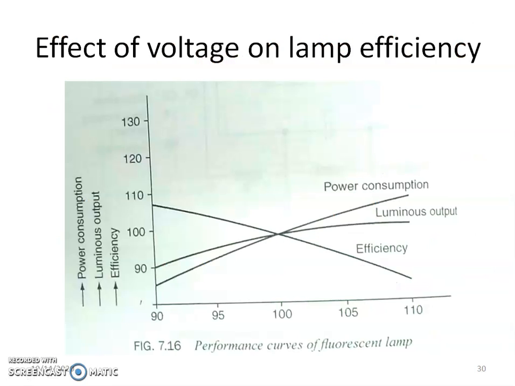Now, another important characteristic we need to familiarize ourselves with is the effect of voltage on lamp efficiency. First see this characteristic curve. On this curve, this side is efficiency and this side is voltage. When the voltage is only 90%, the efficiency is high.